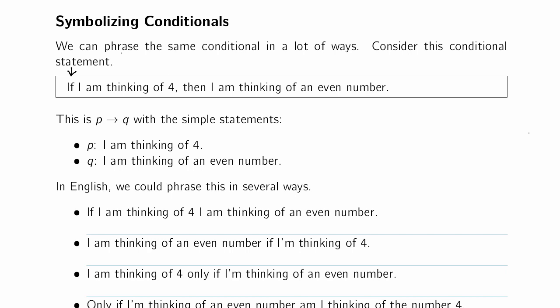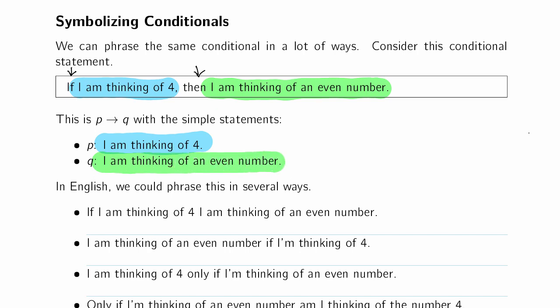So I say if, and then one simple statement, then, and then the other simple statement. So here our simple statements are, I'm thinking of 4, and I'm thinking of an even number.